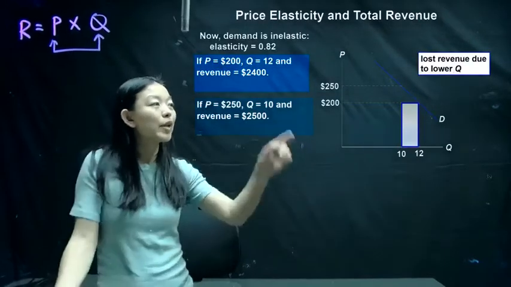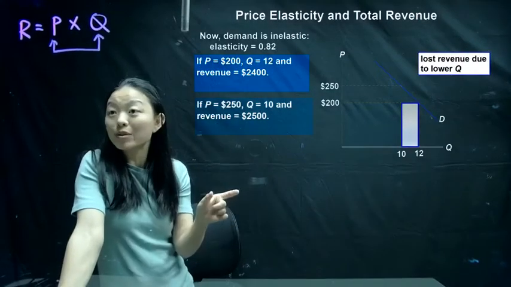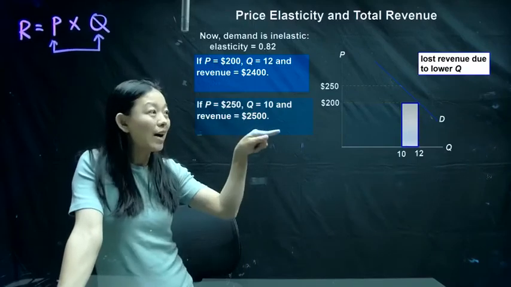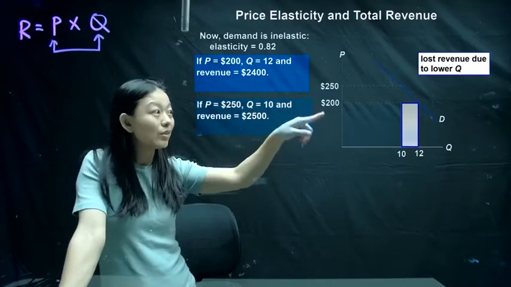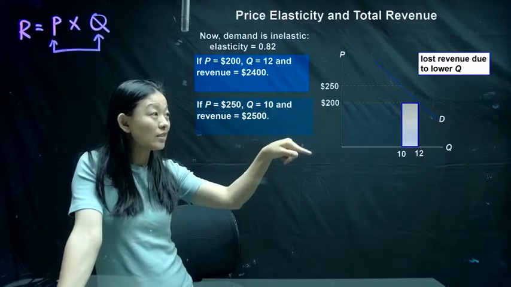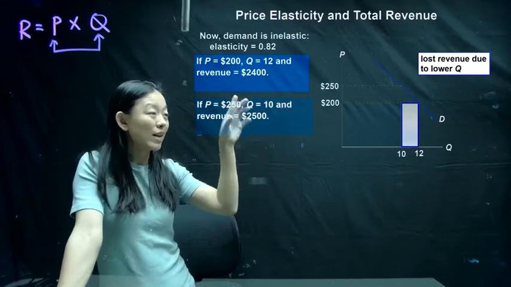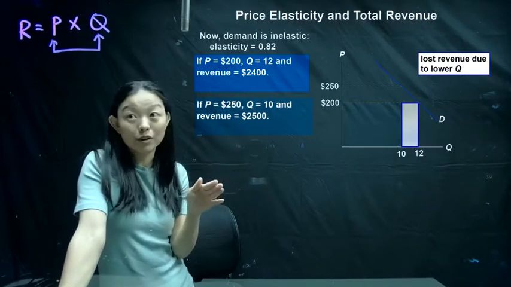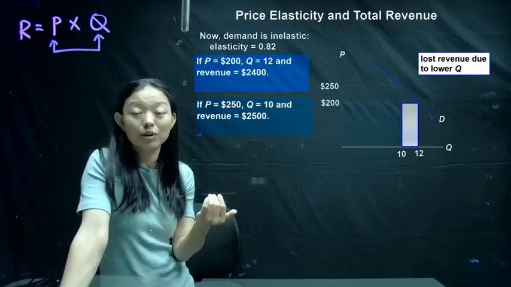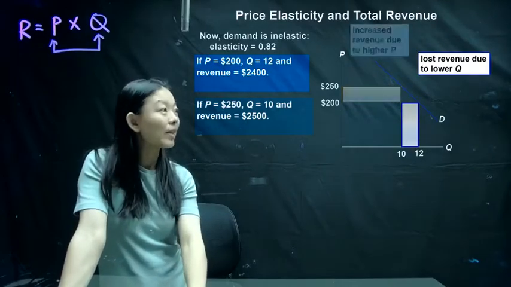So you can see when you increase the price, the quantity decreases from 12 to 10, right? So this small rectangle chunk here represents the loss in revenue because you sell fewer products, fewer websites.